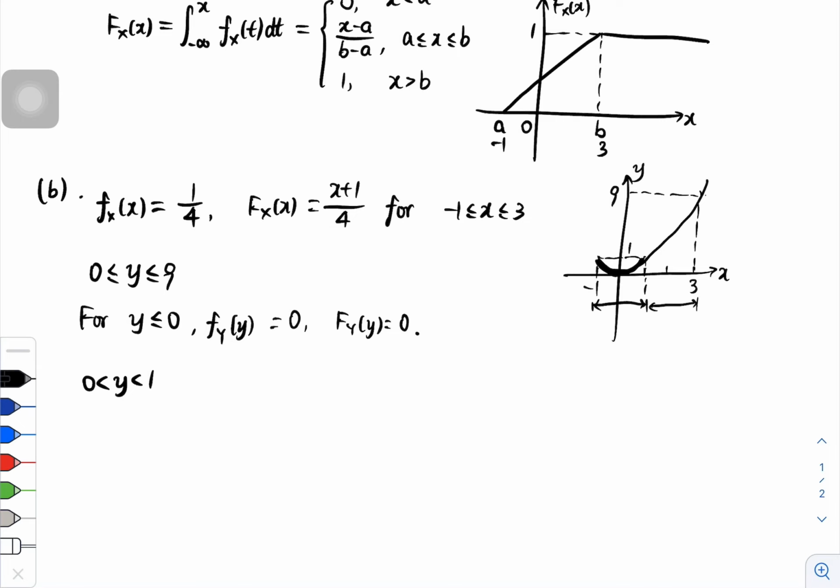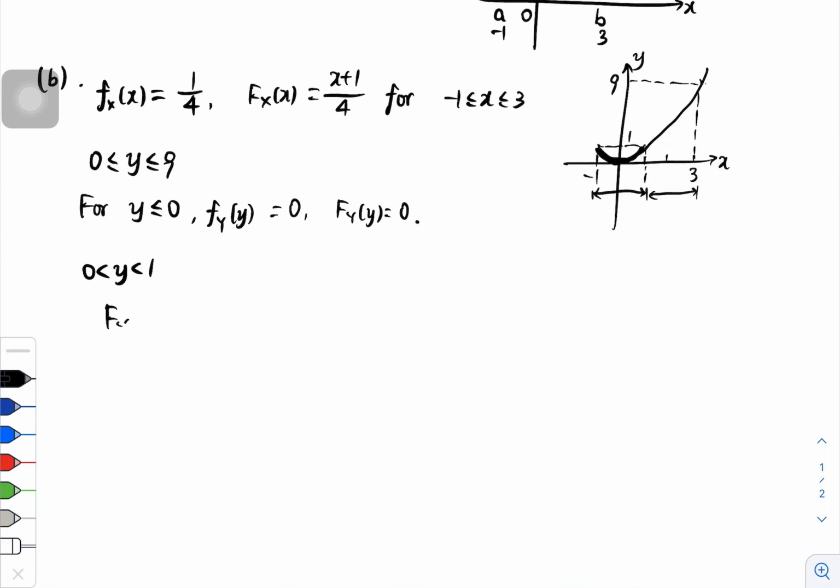Y is from 0 to 1. It is something like this.